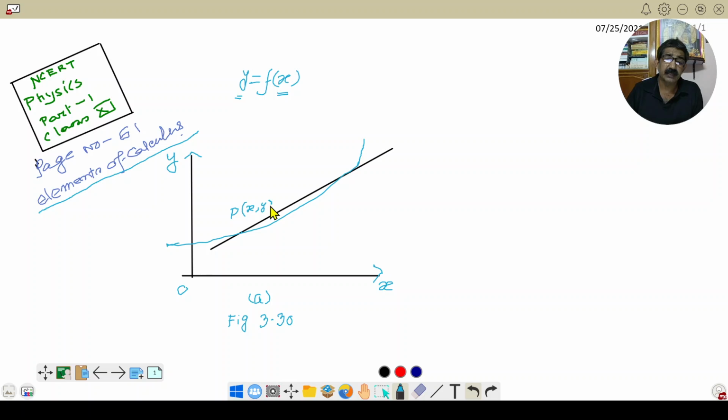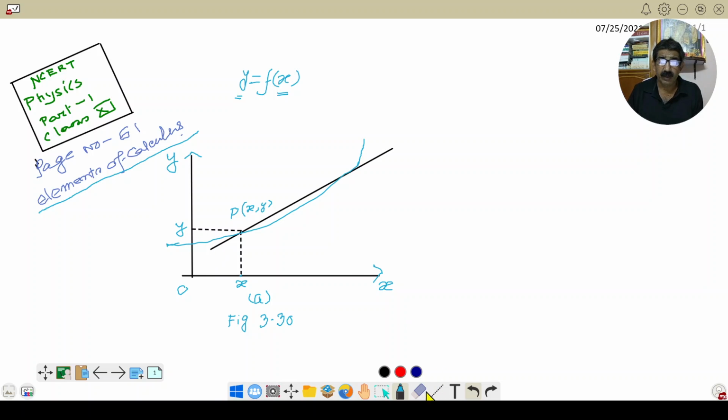So, from your previous idea about mathematical physics, we can say this value of x corresponding to P is x, and this value of y corresponding to point P is y. So we put here this point is x, and this point is y.